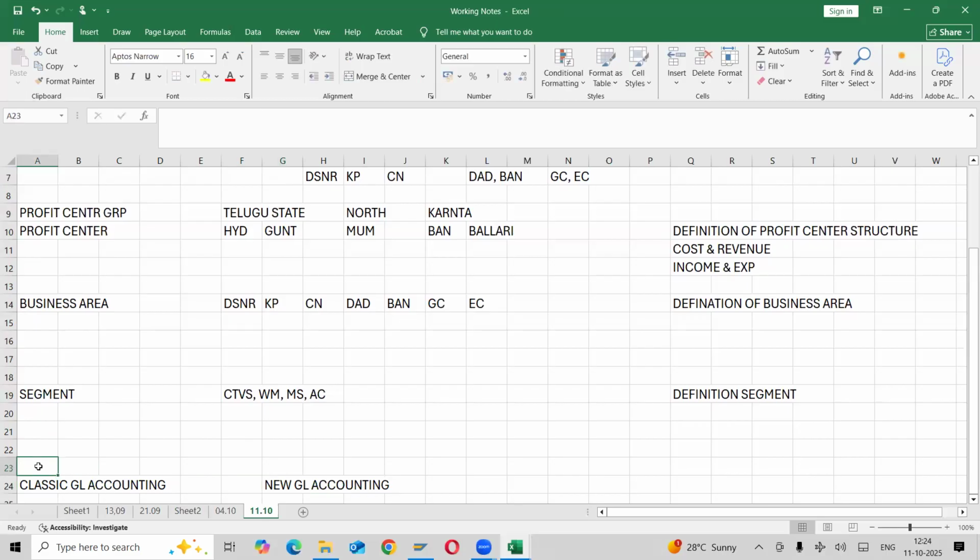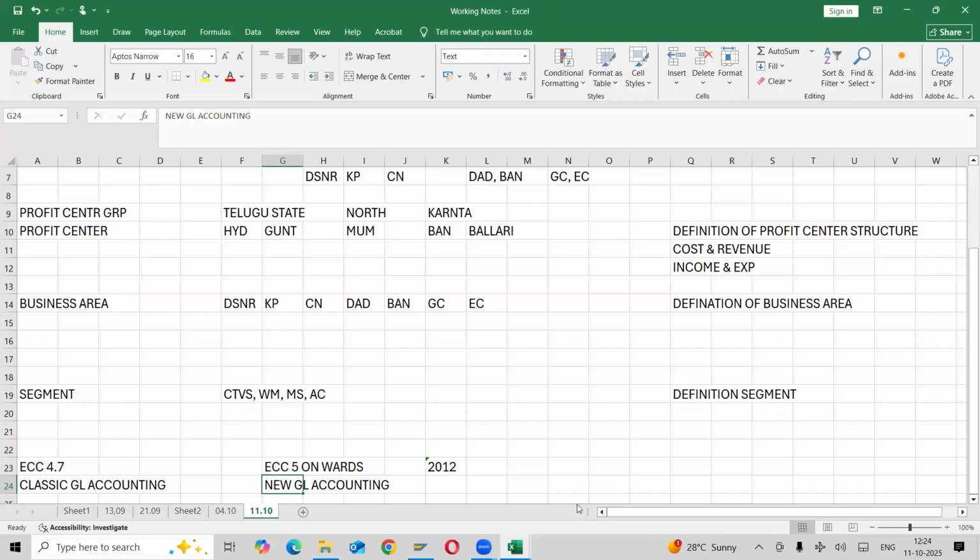Classic GL accounting was there up to the ECC 4.7 version, and the new GL accounting concept was introduced in ECC 5 version onwards. Clear? So from 2012 onwards, this is new GL accounting.